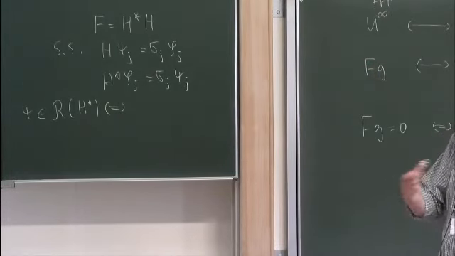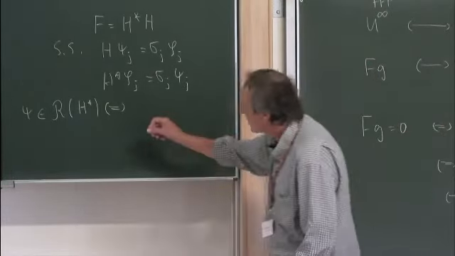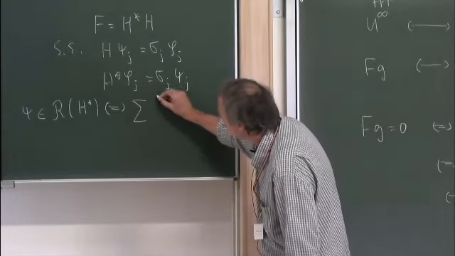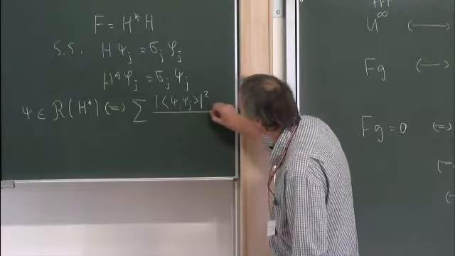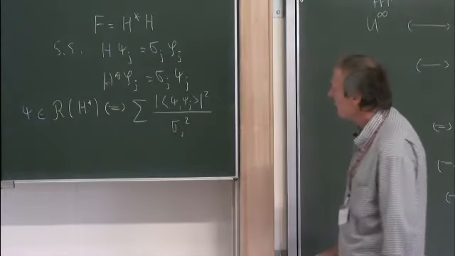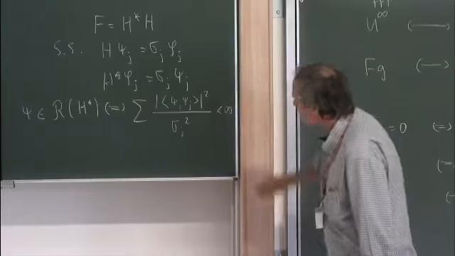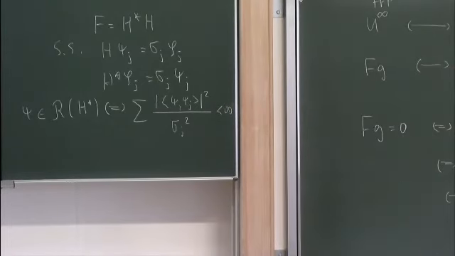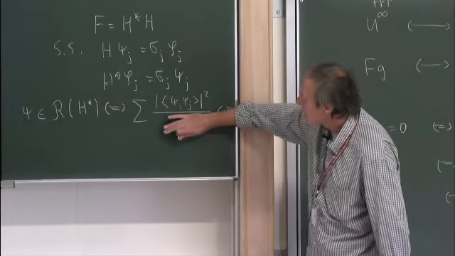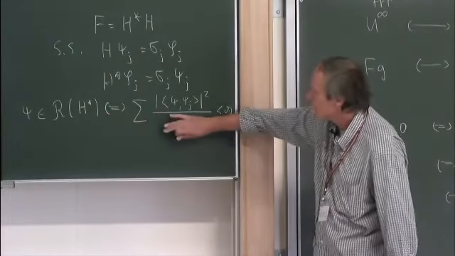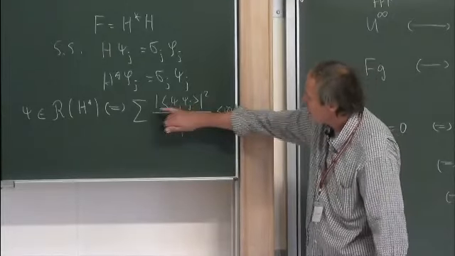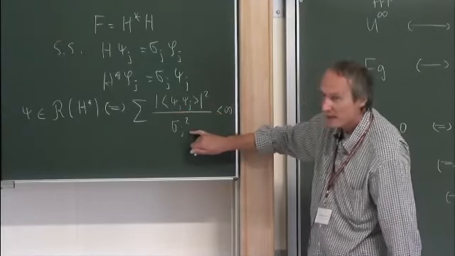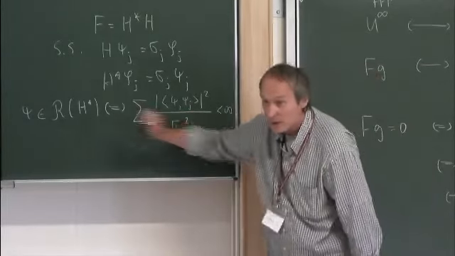That is the qualitative statement, and quantitatively, the Fourier coefficients psi j of psi should be such that the corresponding series converges. That is the condition for psi being in the range of H star. Without this it would just mean psi is in X or in Y, the Plancherel theorem, but if that decays faster, then you get the range condition.